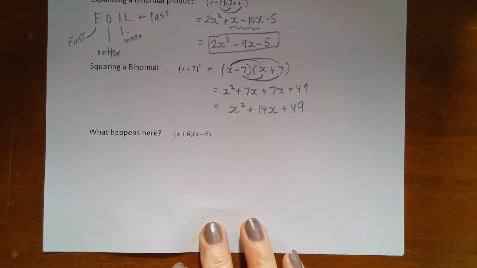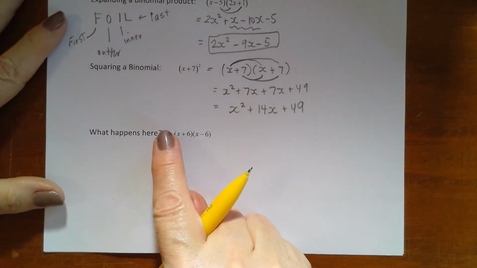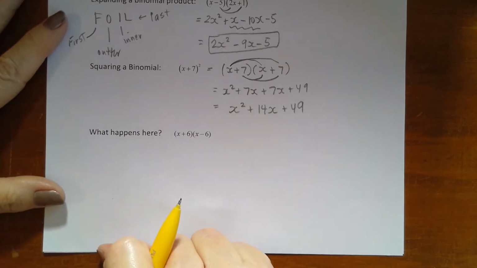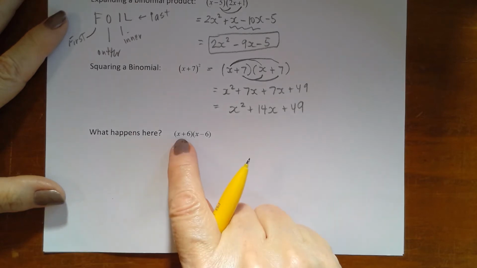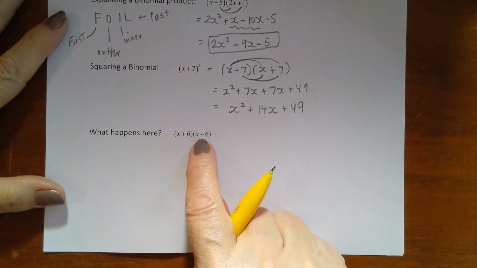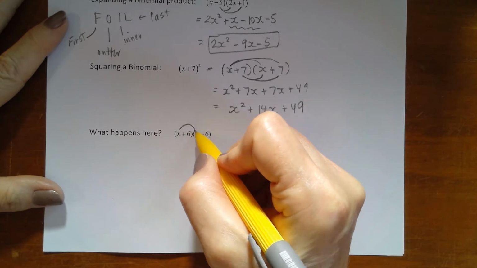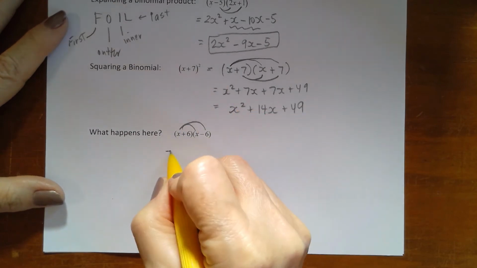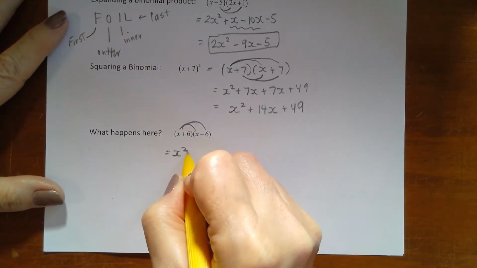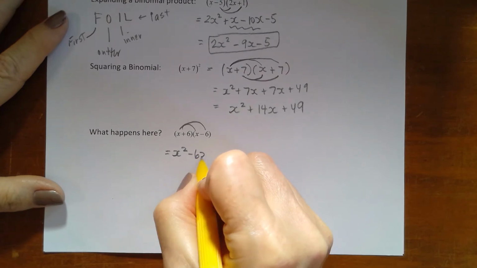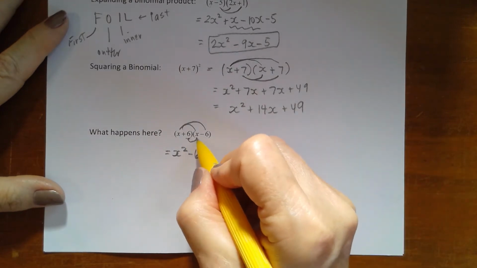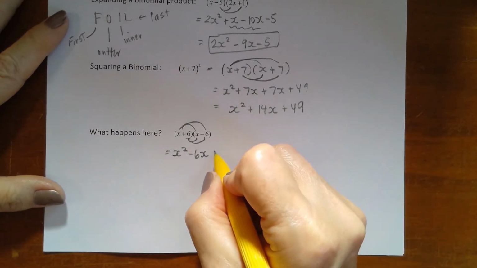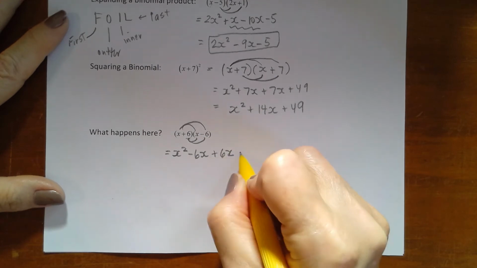All right. Look, what happens here? I have two terms that are almost the same, except they are what's called conjugates of each other. So one is a plus and one is a minus. So let's see what happens. I do this. I get x squared minus 6x. And when I do this one, I get plus 6x minus 36.